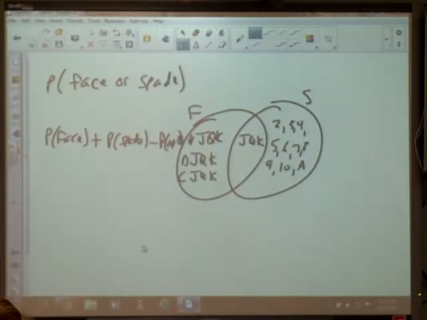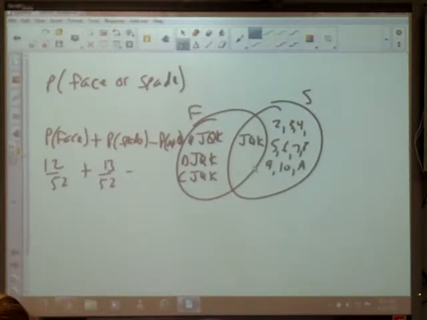Alright, so the probability of my face card: 1, 2, 3, 4, 5, 6, 7, 8, 9, 10, 11, 12. Probability of spade: 1, 2, 3, 4, 5, 6, 7, 8, 9, 10, 11, 12, 13. Everybody okay? Minus probability of both.